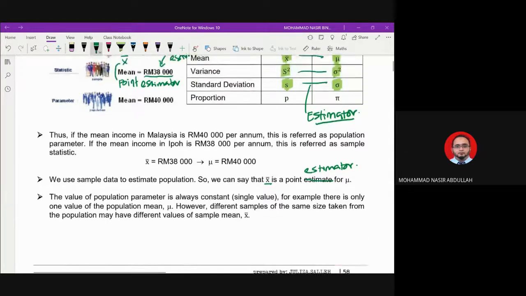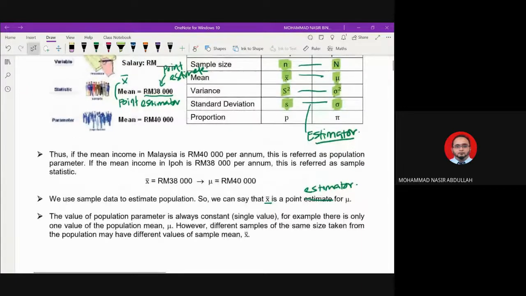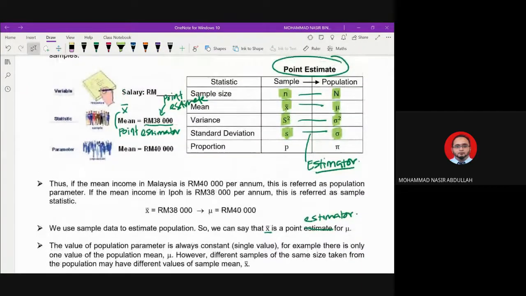So I hope you're clear about the definitions of point estimator and point estimate. Again, I emphasize, x bar here we call the point estimator, and the value corresponding to the estimator is called the point estimate.